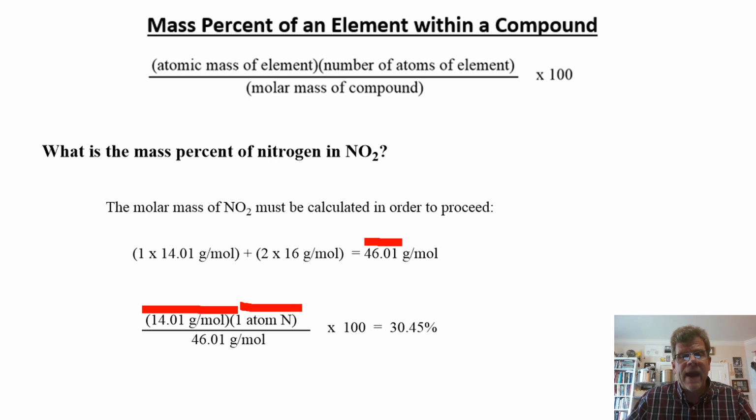And there's 1 atom of nitrogen in that, divided by the molar mass of the compound times 100, and here is our mass percent of nitrogen in that compound, using a lot less effort than we did before when we initially moved into that Freon problem.